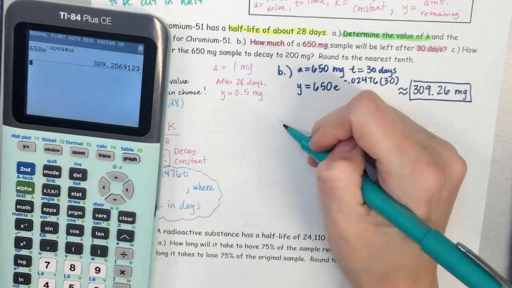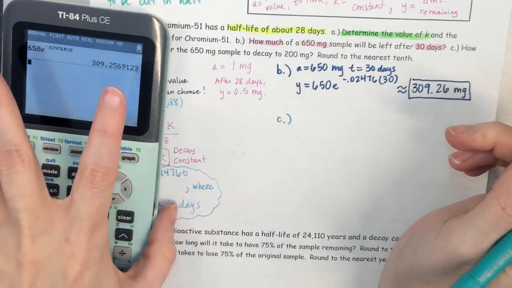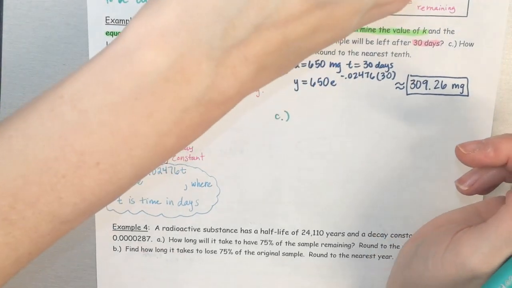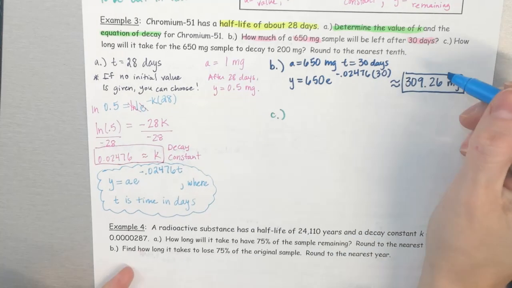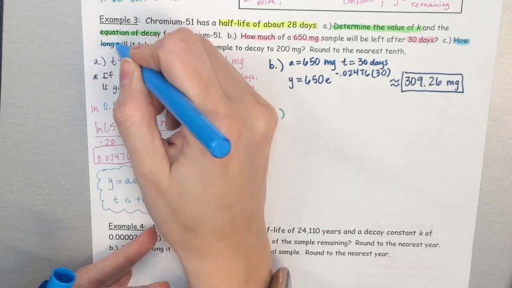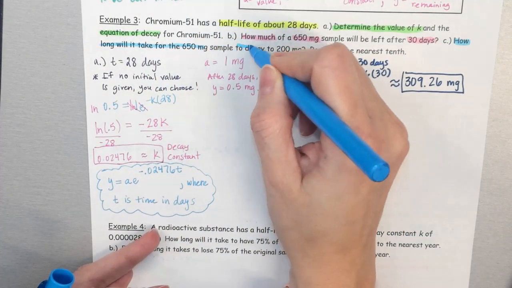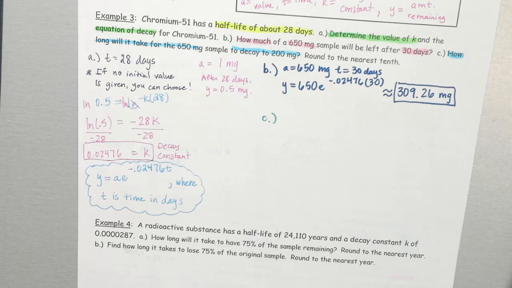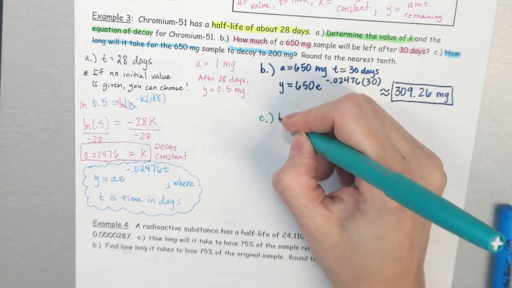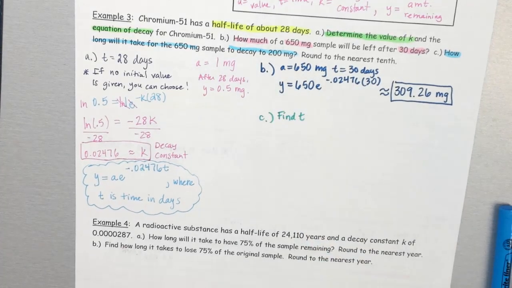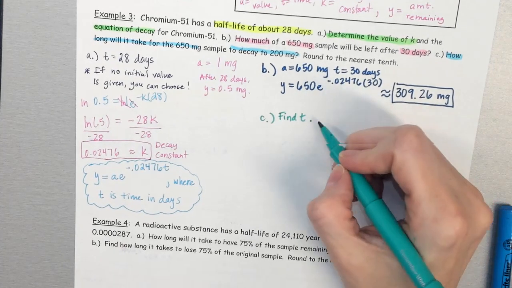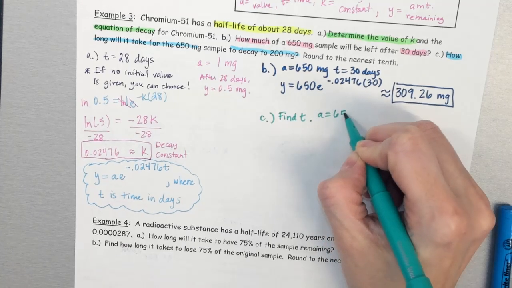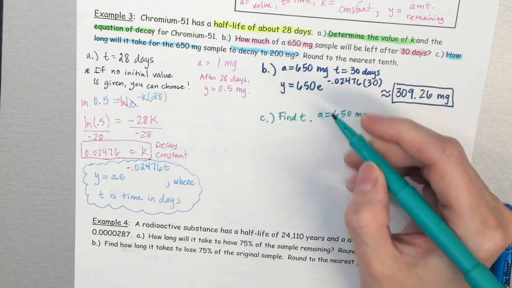All right, and then let's take a look at what part C is asking. So how long will it take for the 650 milligram sample to decay to 200? Okay, anytime they're asking you how long, that indicates you're going to find T. And it says how long will it take 650 milligrams, so that's what you start with, to decay to 200.